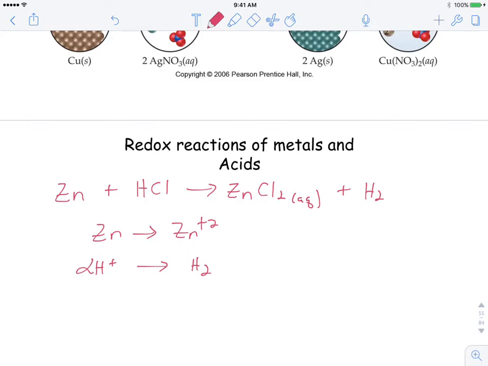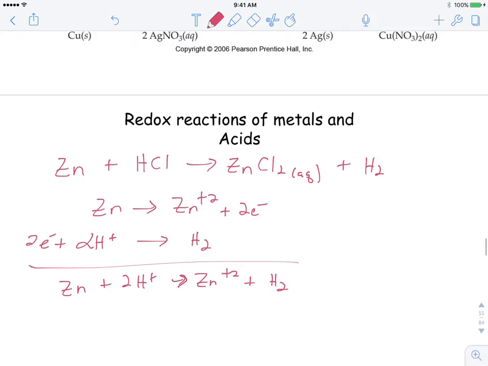And so now when I balance this equation over here, remember I add electrons to the more positive side, and the same thing for the hydrogen. I would add 2 electrons to the more positive side, and now I would add them up. And when I add them up together, I would get zinc plus 2H+ yields Zn2+ plus H2.